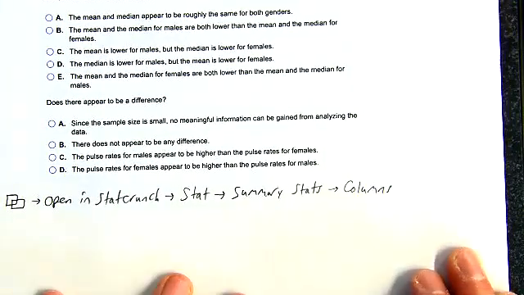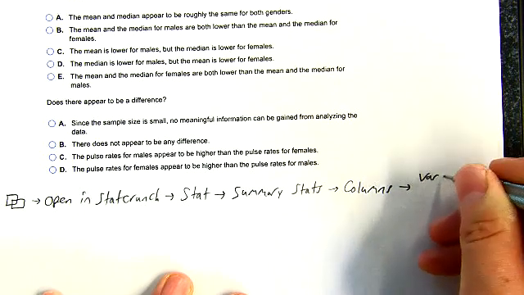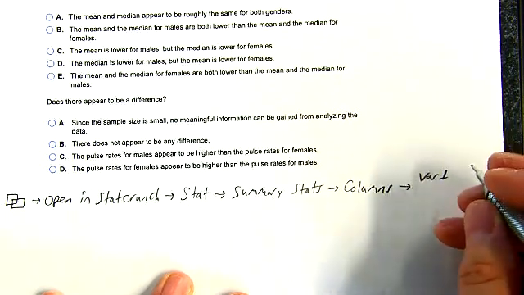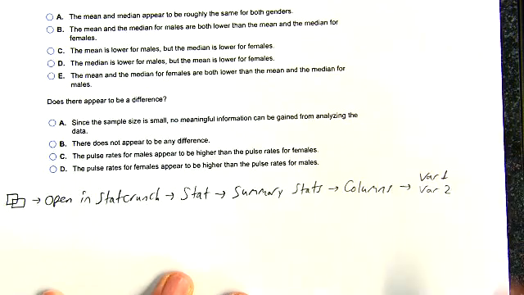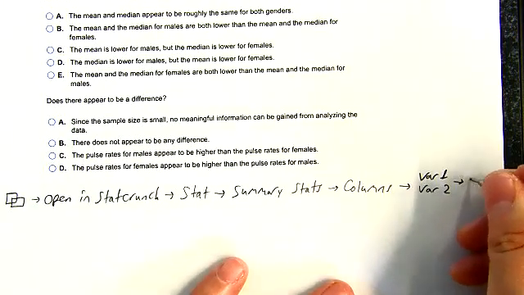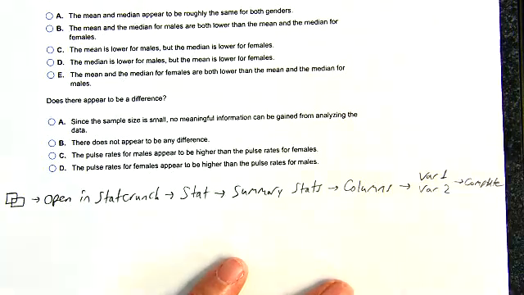Then you're going to click variable 1, and then click variable 2. So you're going to load both of those columns into the program. And then you're going to click compute at the bottom. Compute.